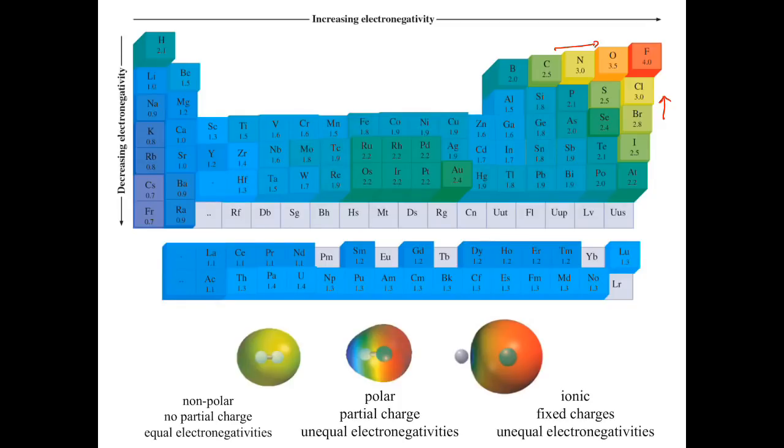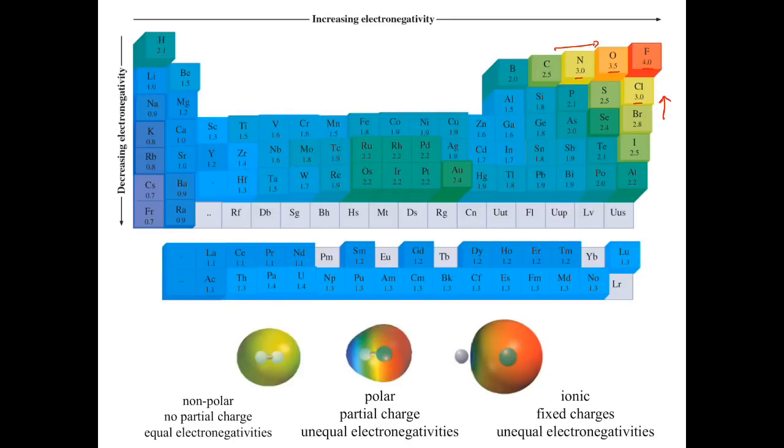If we take a quick look at the periodic table as a periodic trend, in this depiction from the textbook, each element is given a number, which is the electronegativity, and as you can see, the number tends to go up significantly as you go to the right or up in the periodic table.